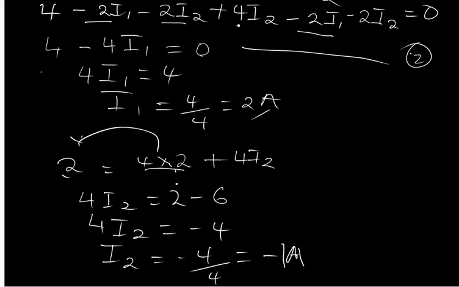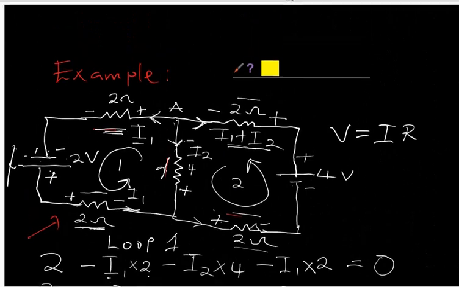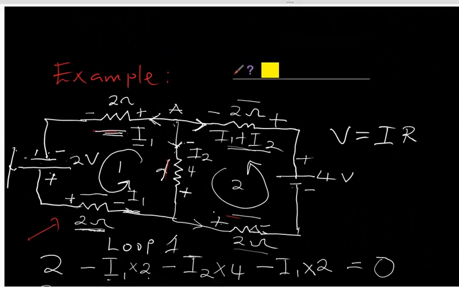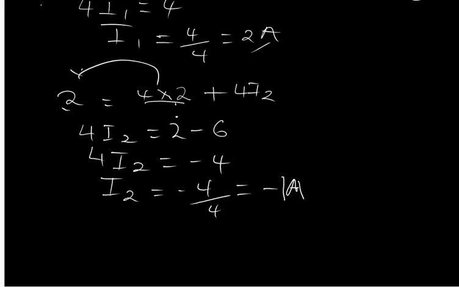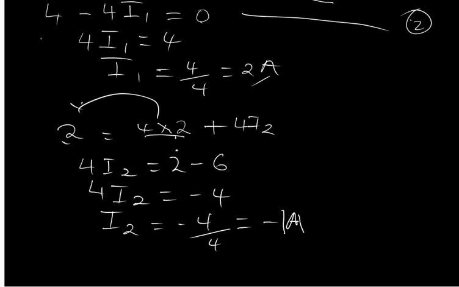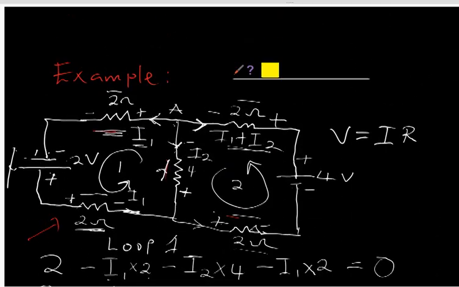Now let's analyze. Remember, the whole idea is for us to get all the current across this resistor. I've already gotten the current across this 2 ohm resistor, which is I1, and from what we calculated, I1 is 2 ampere. Then I2 is minus 1 ampere, which is the current across this 4 ohm resistor. Now I need the current across this other 2 ohm resistor, which is the sum of I1 plus I2.